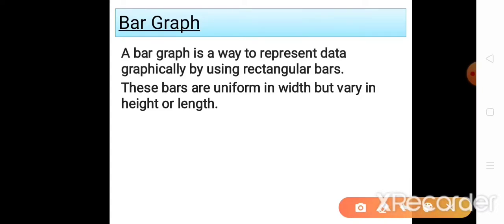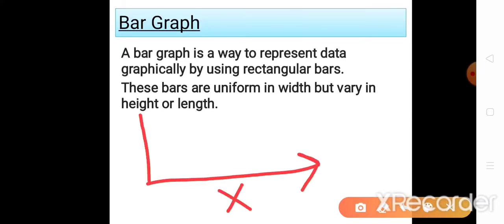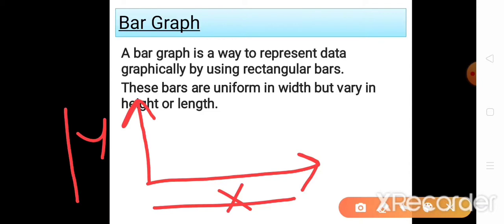So first of all, when you are drawing a bar graph, you need two axes. This is going to be your x, another one is going to be your y, right? This is the horizontal one and this is the vertical one. Then whatever data you want to represent through these bars, you need to put them in equal intervals. So whatever these gaps are here, they need to be equal.